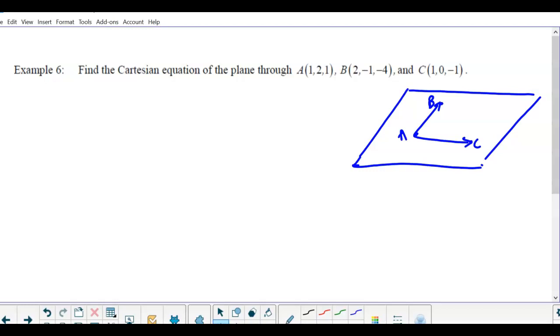So that is not a direction vector, that's a point. So if I find AB, then it's from here to here as vectors, because really that's going from the origin. So 2 minus 1 is 1, negative 1 minus 2 is negative 3, negative 4 minus 1 is negative 5. And find AC.